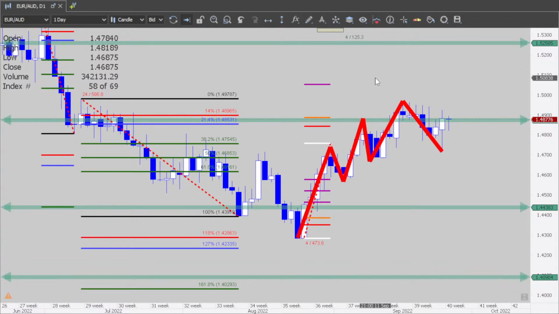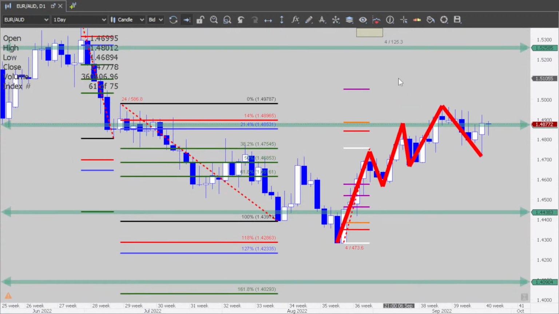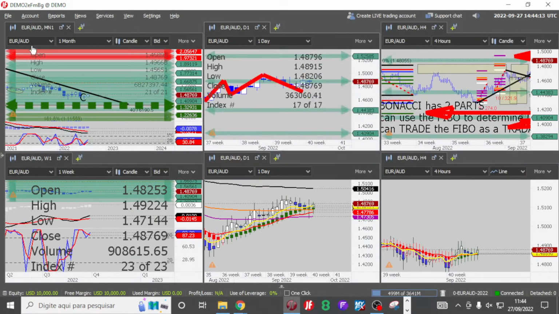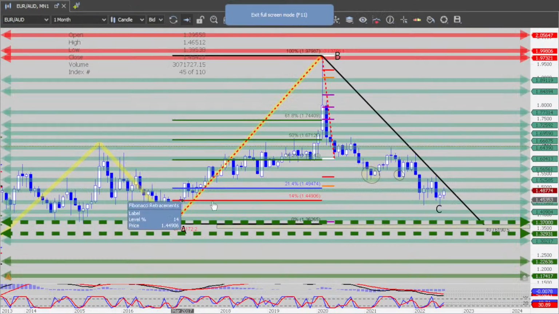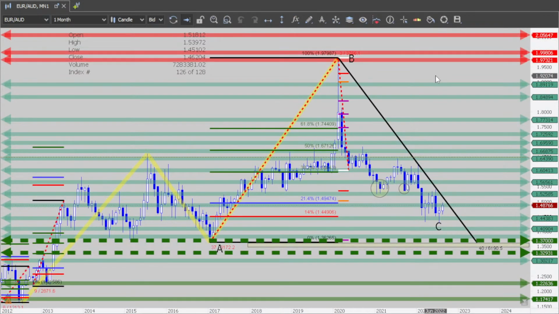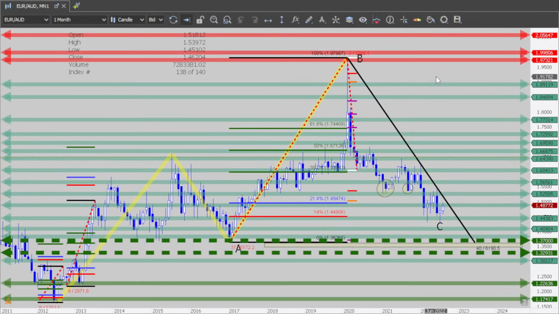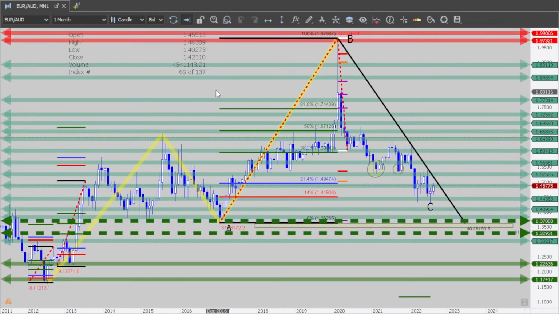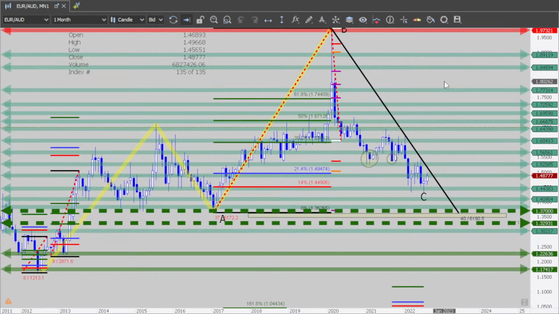Make sense? So Euro AUD on the daily chart is making higher highs, higher lows. But if we go on the Euro AUD monthly chart, what is the monthly chart doing from a general perspective? It's making lower lows, lower highs, right?